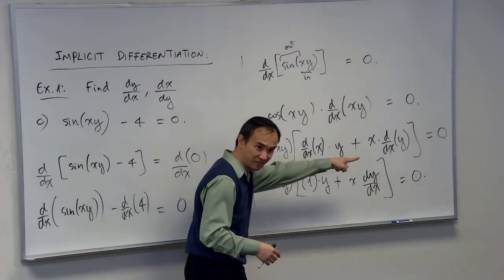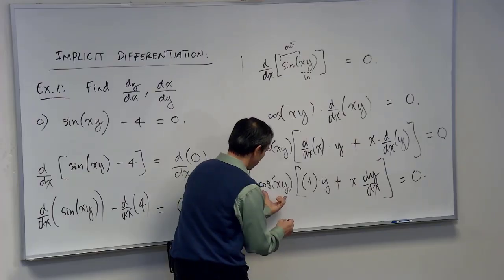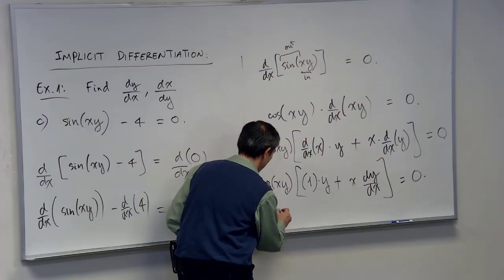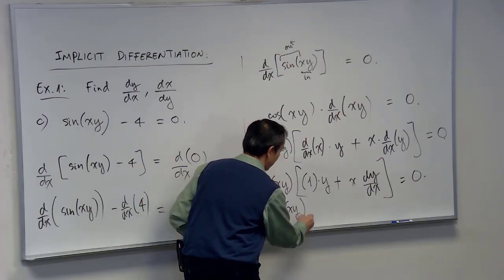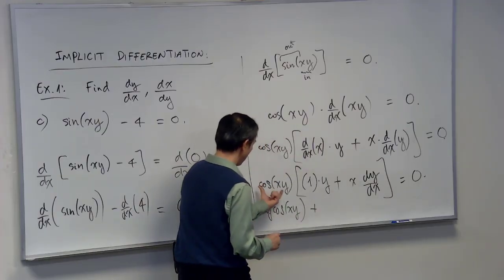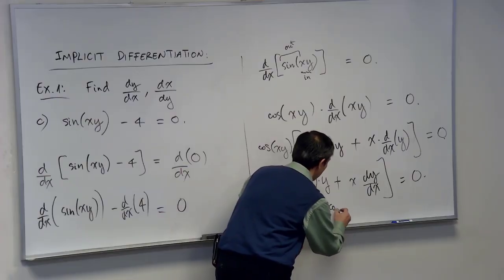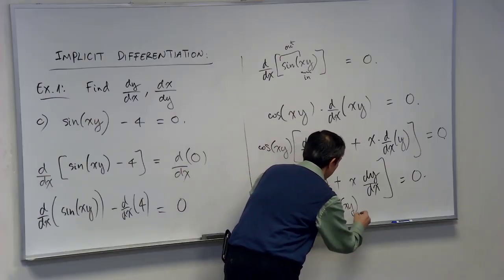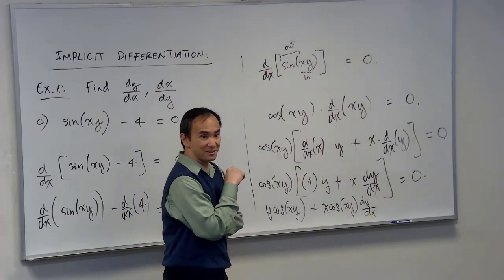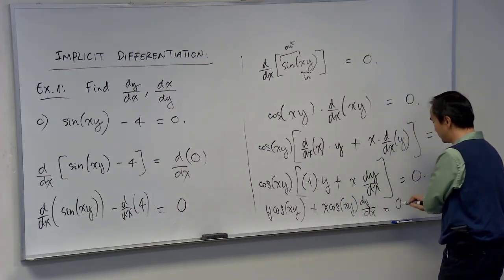So let's distribute that and solve for dy/dx. You multiply this cosine of xy to the y right here, so we're looking at y times the cosine of xy. That's one term. And then we're adding that to the next term, making it x times cosine of xy times dy/dx. Good with that then. And then making that equal to 0.